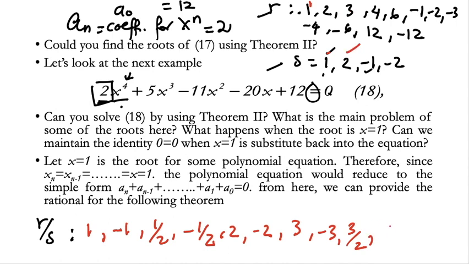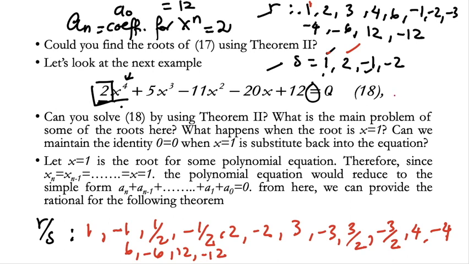Or you can also have minus 3 over 2, 4, minus 4, many actually, as long as it is in the list. And then you can have 6, minus 6, and then 12, minus 12. Okay, I hope I don't miss anything here. So all of these possible R over S are all possible roots for 18.